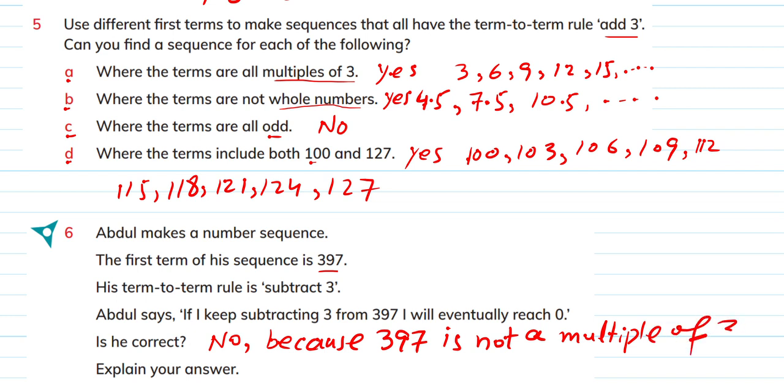And obviously, if the starting number is not a multiple of 3, you cannot reach a multiple of 3. If you are starting with a multiple of 3, you must reach a multiple every time you subtract. And 0 is a multiple of 3. 397 is not a multiple of 3. It means you cannot reach 0. Okay? So he is wrong. Understood?